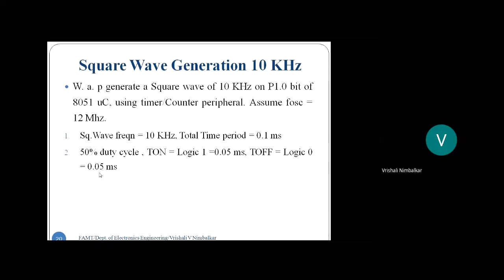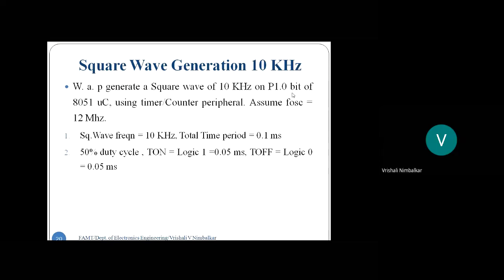Fine, students? Now in our case, we will assume a 50% duty cycle. So logic 1 will be available for 0.05 milliseconds, and the square wave will be logic 0 for another 0.05 milliseconds. Now it is told that the square wave should be obtained on the P1.0 bit.